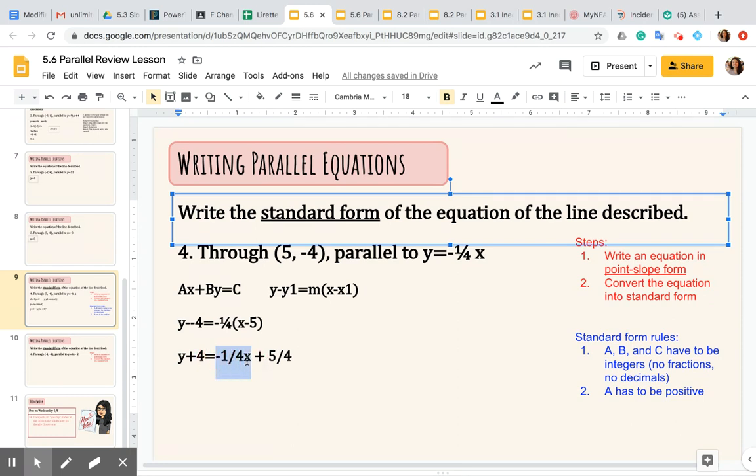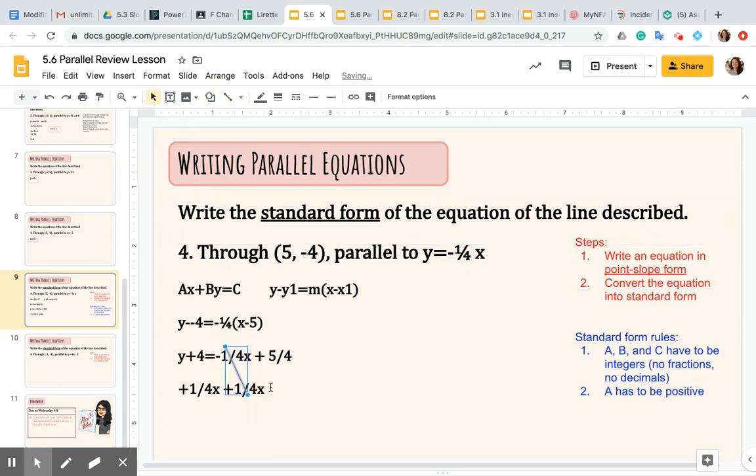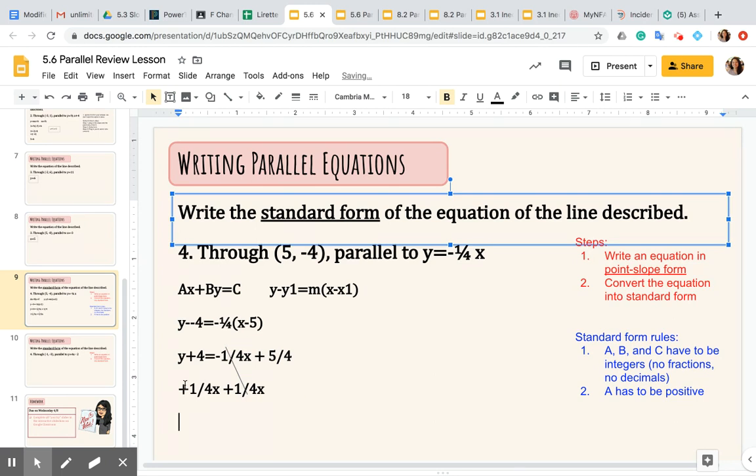So if I look at the sign in front of the x, it's a negative. That means to move it, I'm going to add it to both sides. Plus 1/4 x on the left, plus 1/4 x on the right. These are going to cancel. And here's what I'm left with.